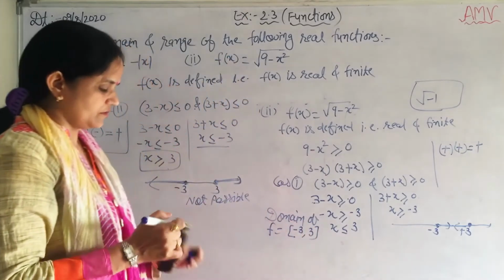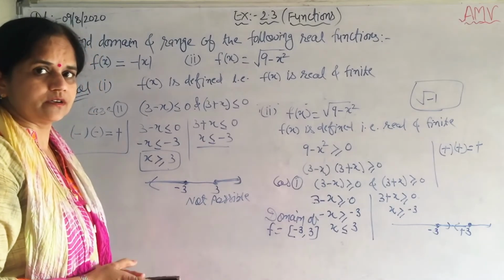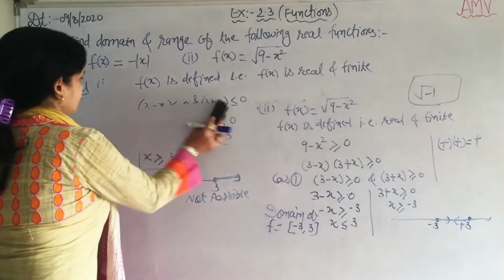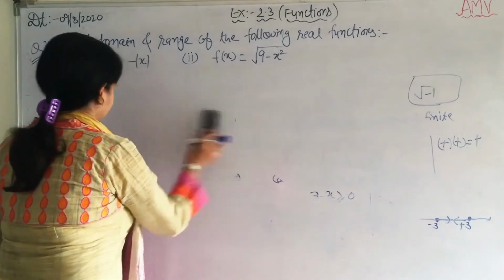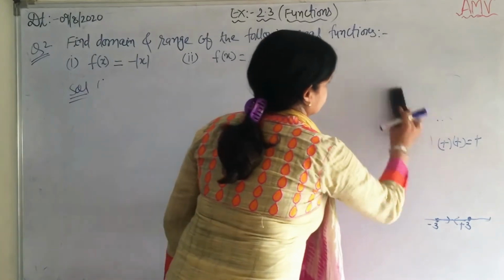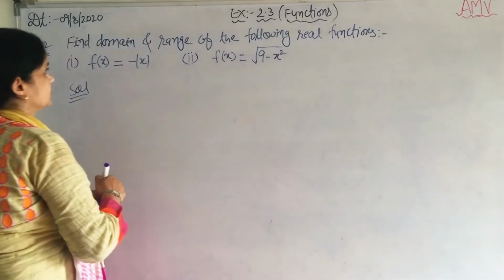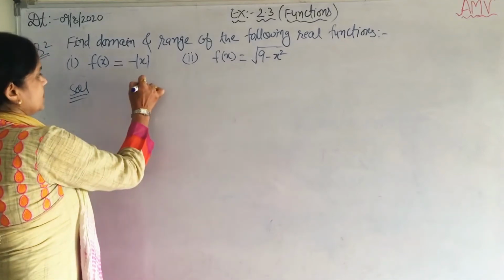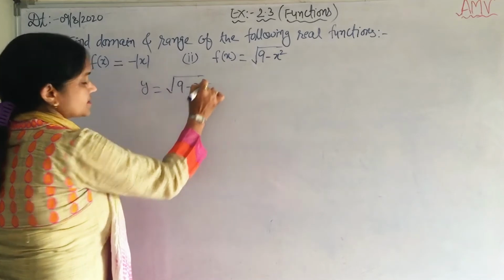Okay, and now find the range of this function. You note down in your notebook. Now for range, here write y is equal to under root 9 minus x square.